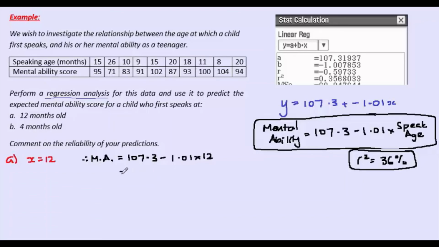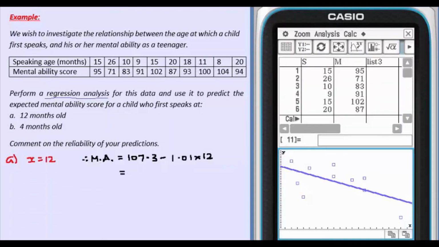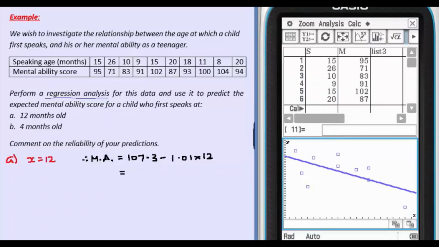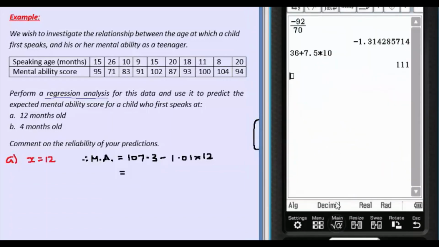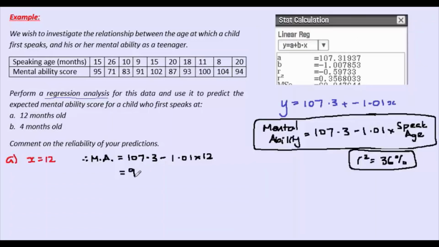We'll pop that into our calculator, and we get a score of 95.18. So there's our mental ability score when the speaking age was 12 months.